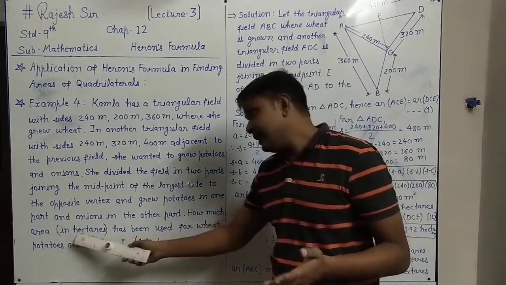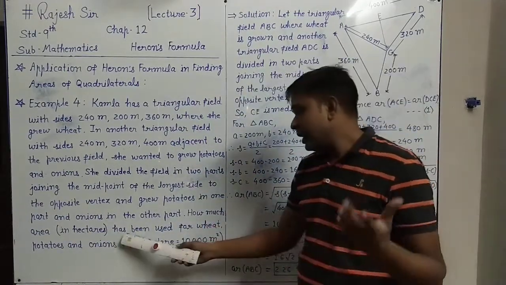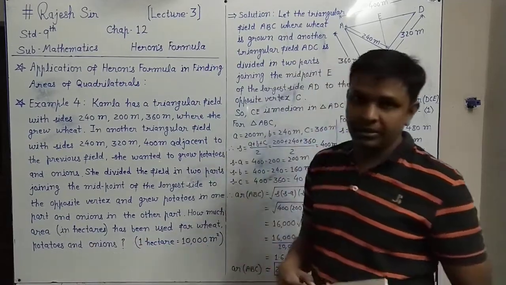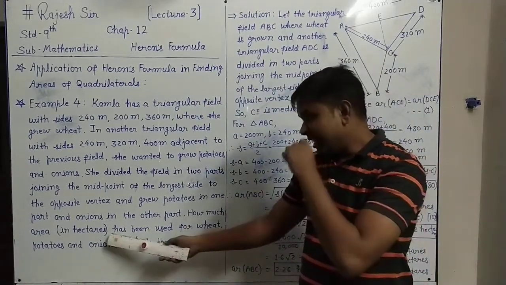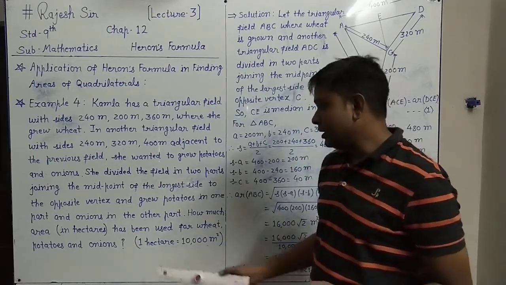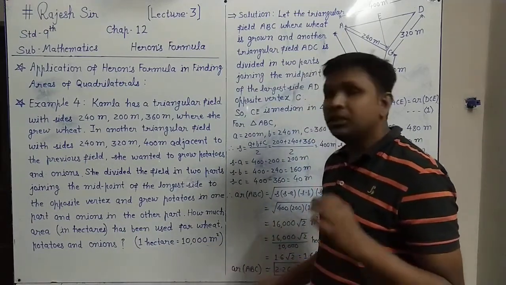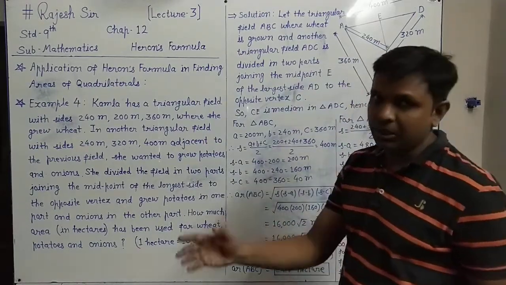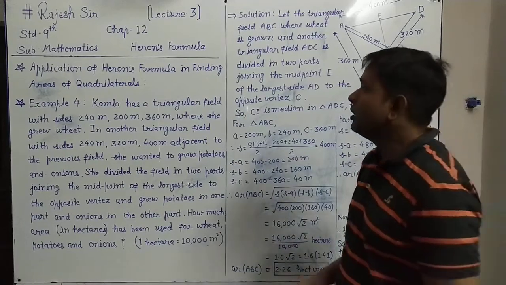So we have to find how much area in hectares has been used for wheat, for potatoes and for onions. The relation between hectare and meter square is 1 hectare equals 10,000 meters square, which is also given.